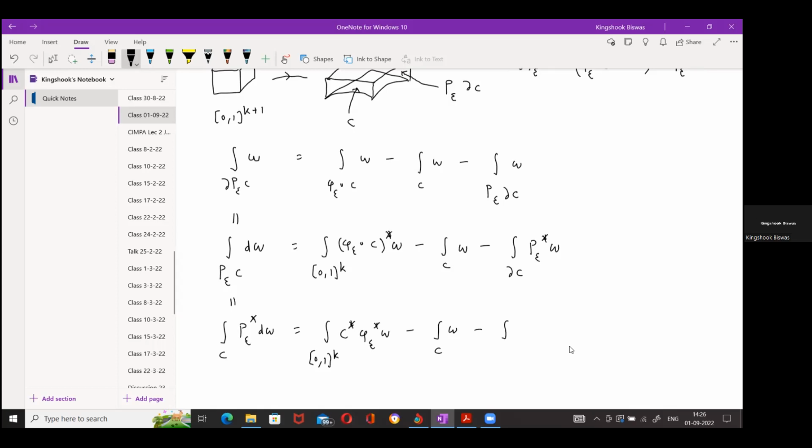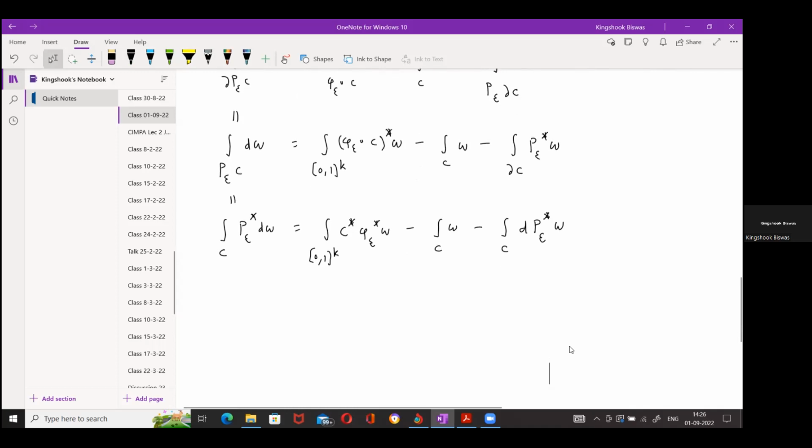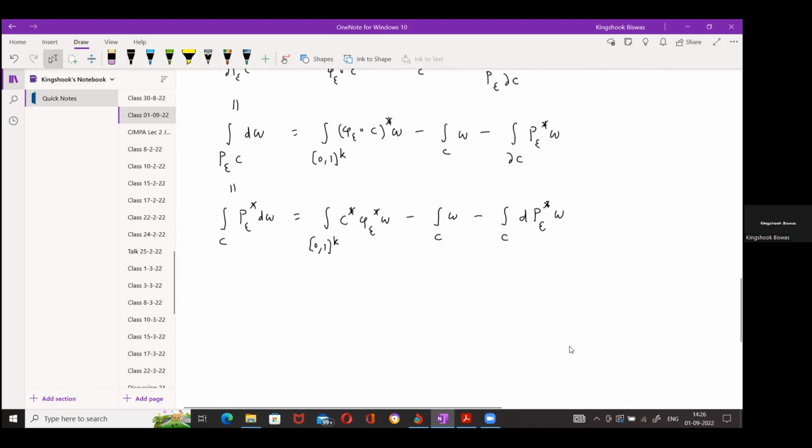This is minus the integral over the boundary, which is the same as the integral of d of this form P epsilon star omega, by Stokes' theorem. Okay. Fine.